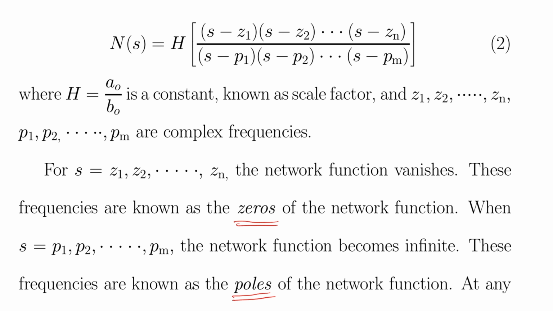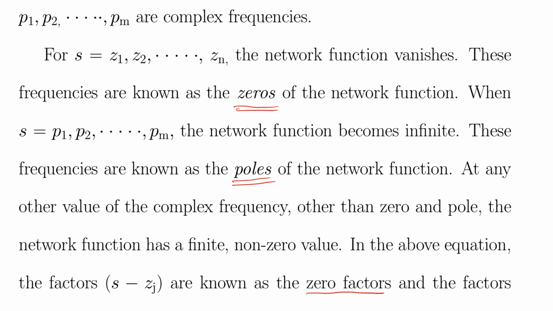These frequencies are known as the zeros of the network function. The value of S at which Ns becomes 0 is called a zero of the network function. When S is equal to P1, P2 up to Pm, the network function becomes infinite. These frequencies are known as the poles of the network function.